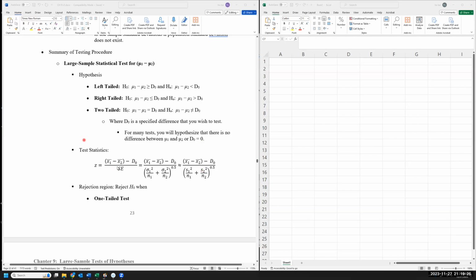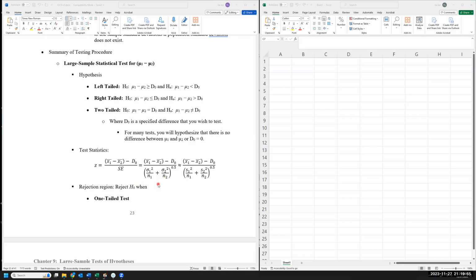Here's the test statistic. It's basically the estimate minus the null hypothesis value, divided by the standard error. It's always that. It's a Z statistic because we're assuming a normal distribution, because N1 and N2 are greater than or equal to 30. So it's the sample mean from population 1 minus the sample mean from population 2 minus D naught, divided by the standard error.